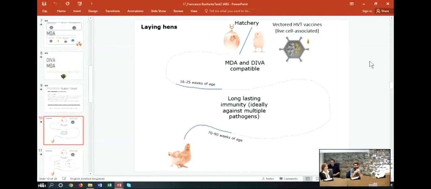So laying hens ideally will require an MDA and DIVA compatible vaccine, but they will also require that we take our animals as little as possible in the field. So a hatchery vaccination, either in ovo or in day old, will be perfect. And for this purpose, HVT vector vaccines are the candidate of choice. And this is a personal opinion, of course.